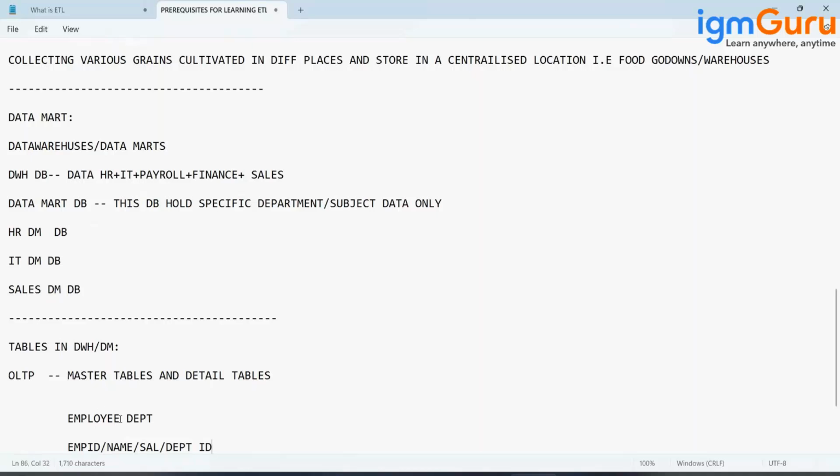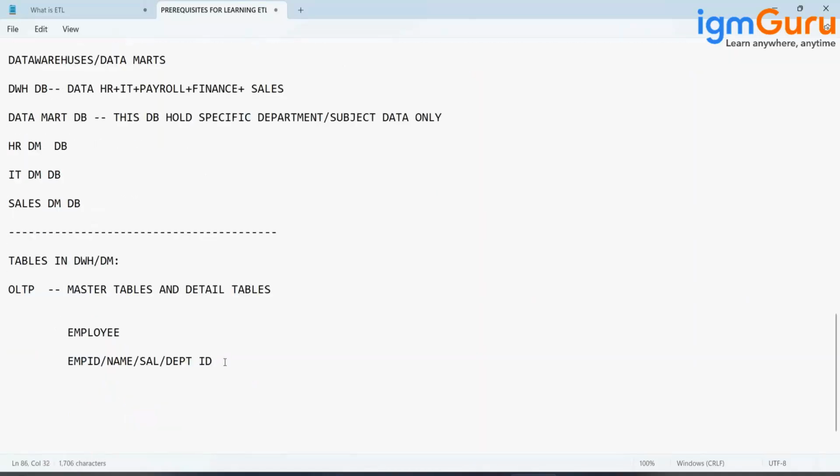Coming to the department table, what information does it hold?